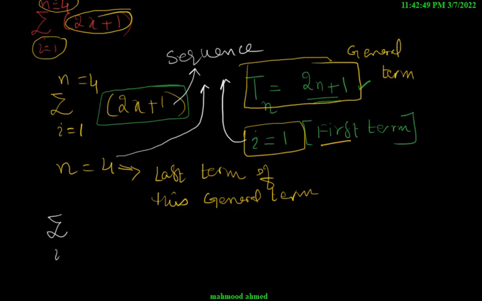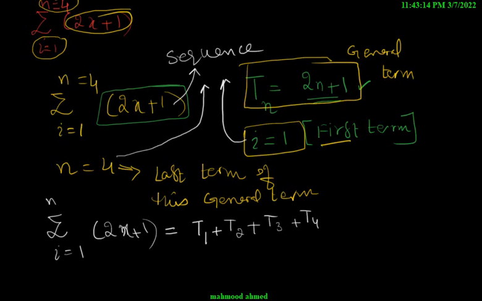So when this is written, i is equal to 1 to n and then 2n plus 1, this means you are adding t1, t2, t3 and t4.